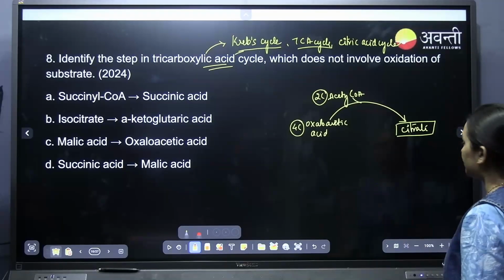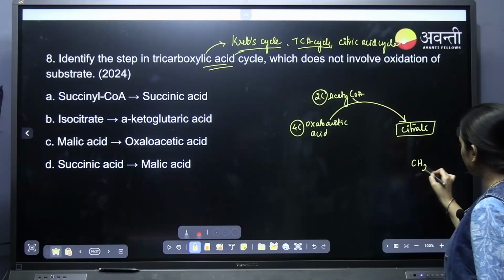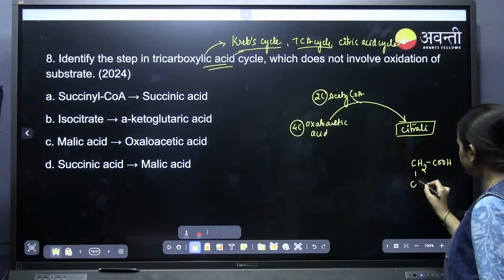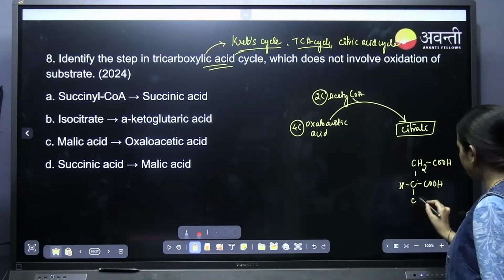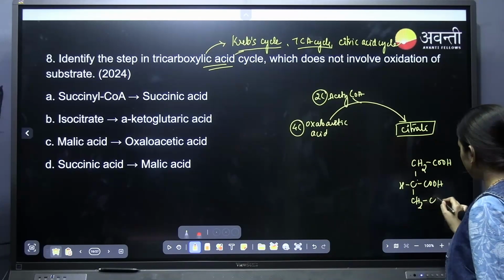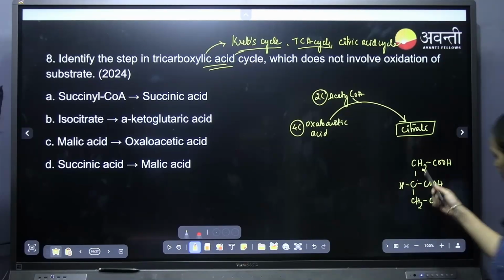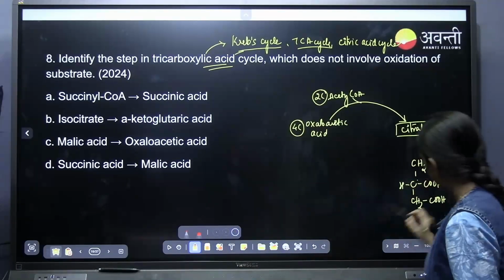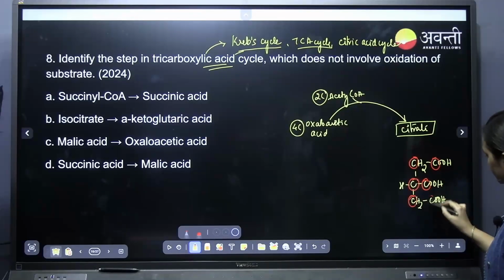Why tricarboxylic acid? Because if you see citrate, the formula of it is CH2, COOH, C, OH, and CH2, COOH. Understood? If you see here, how many carbons are here? 1, 2, 3, 4, 5, 6.